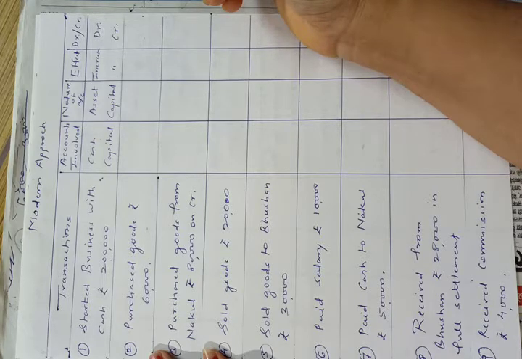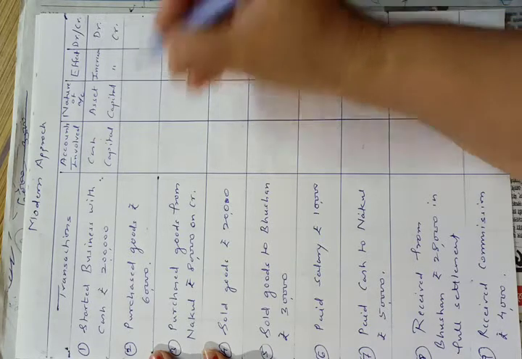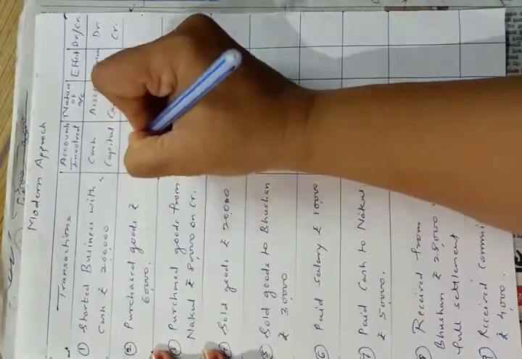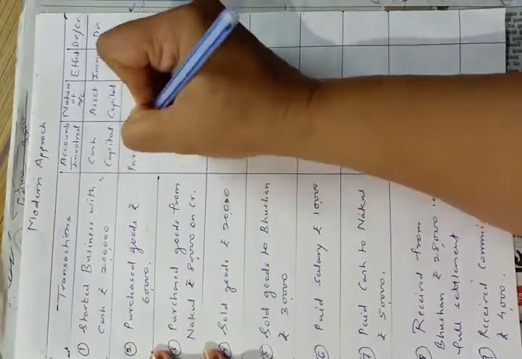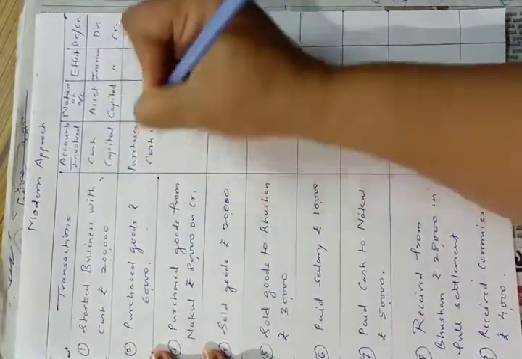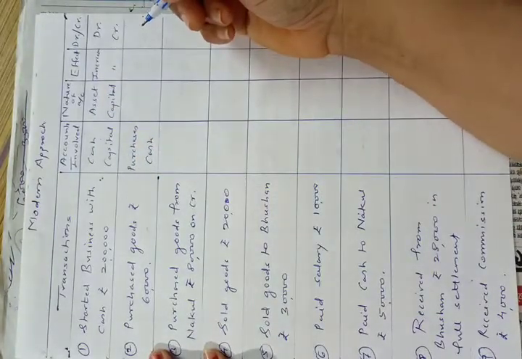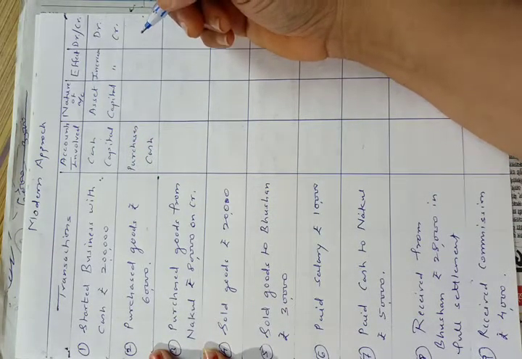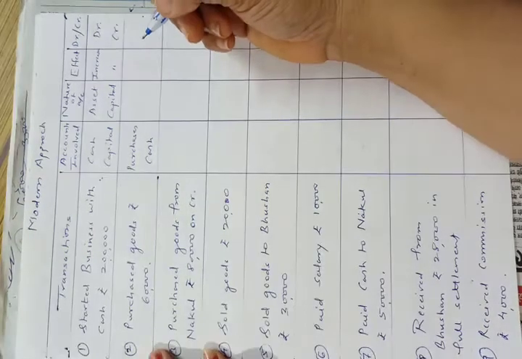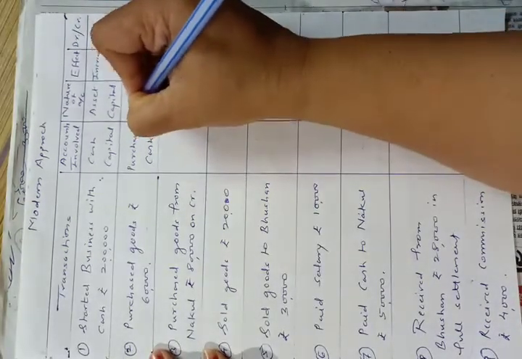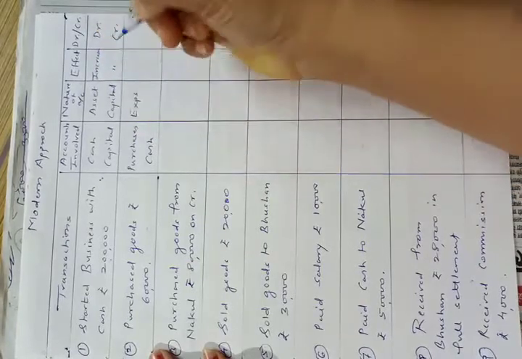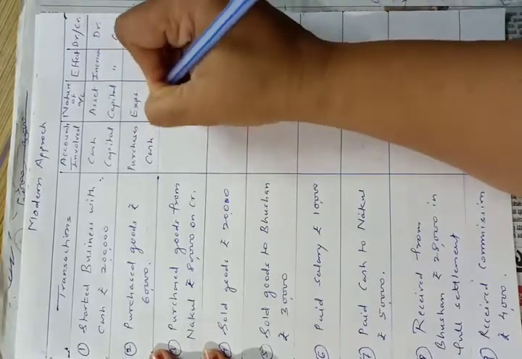So second account will be cash account. So purchases account and cash. Okay, when we purchase goods, we spend money, that is cash. So purchases are our expenses and cash is our asset.